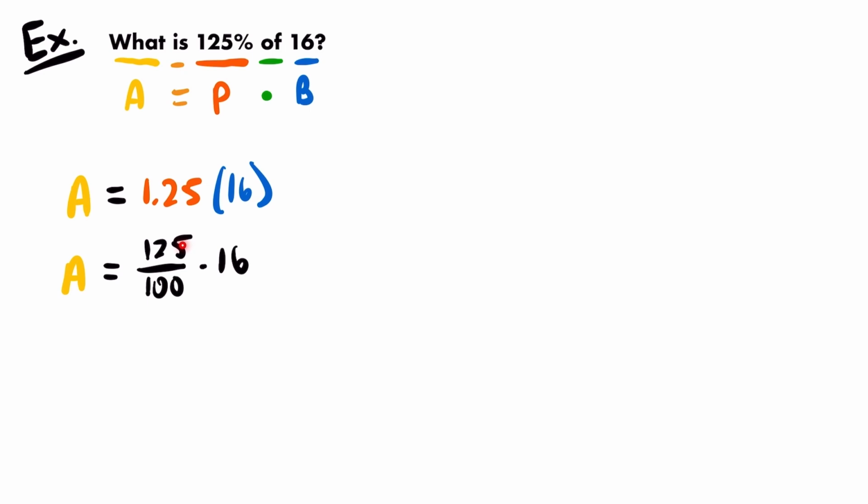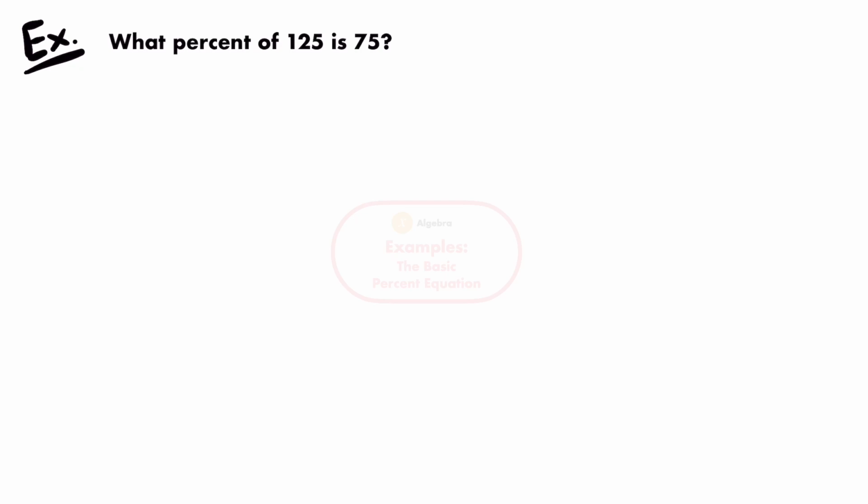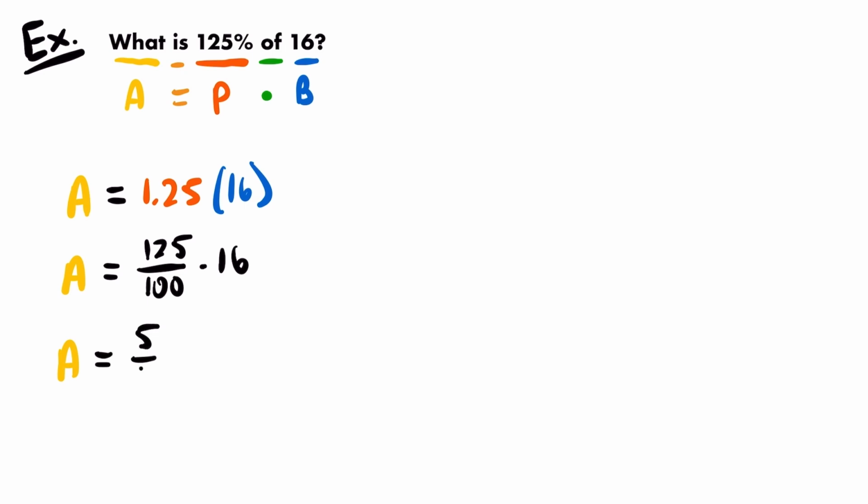But then both 125 and 100 are divisible by 25, right? 125 divided by 25 would be 5, and 100 divided by 25 would be 4. So A would be equal to 5/4 times 16. That is the reduced form of this fraction.